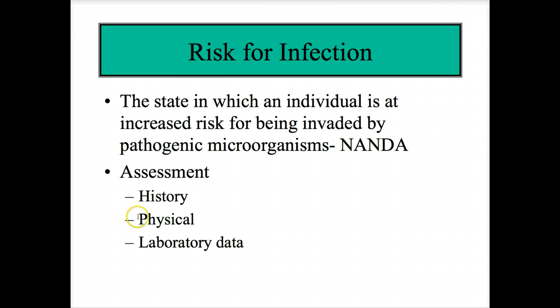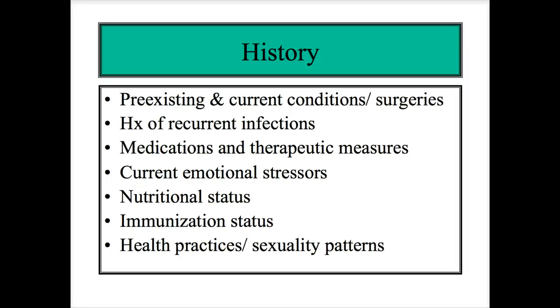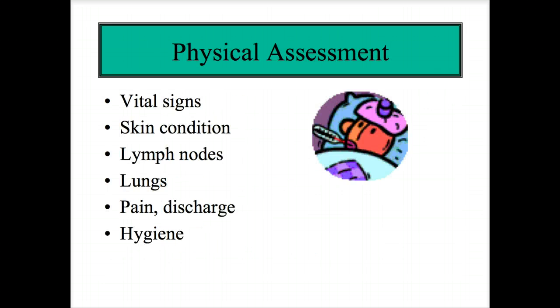We determine these risks through our nursing assessment, physical assessment, and laboratory data. We're looking for pre-existing conditions, medications, nutritional status. We're doing the physical assessment as you've learned, or will be learning in skills, looking at the vital signs, skin condition, lymph nodes, lungs, drainage.